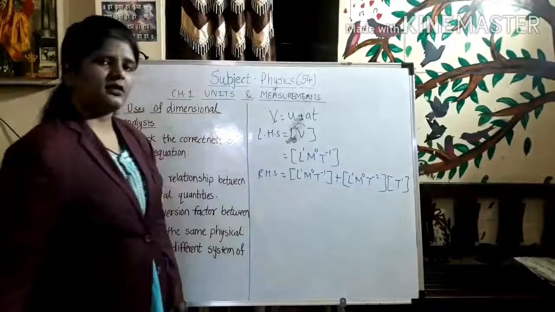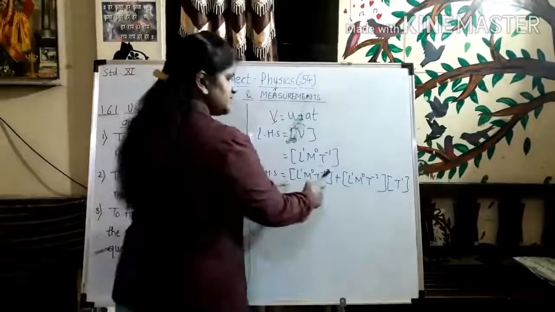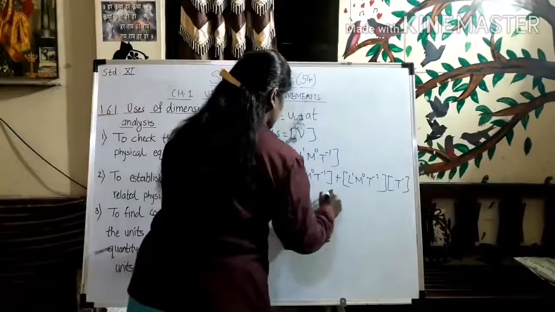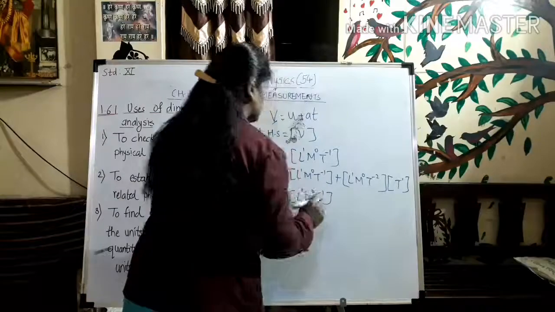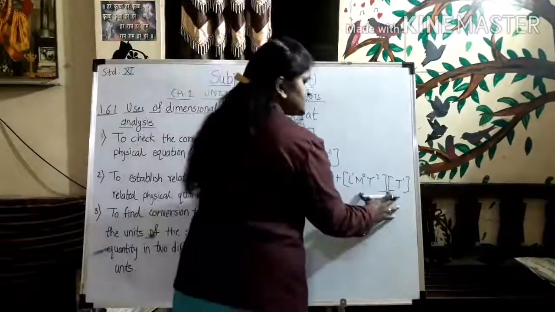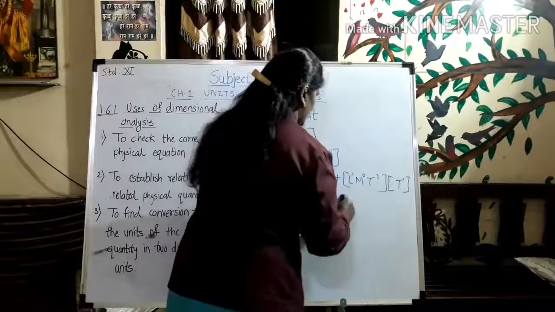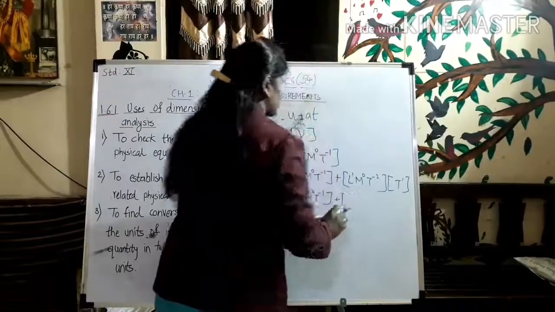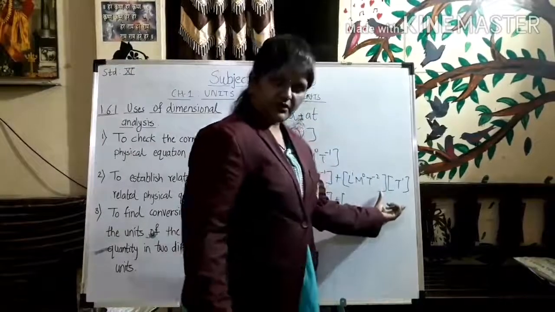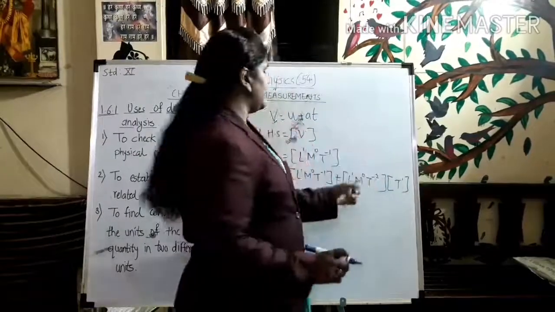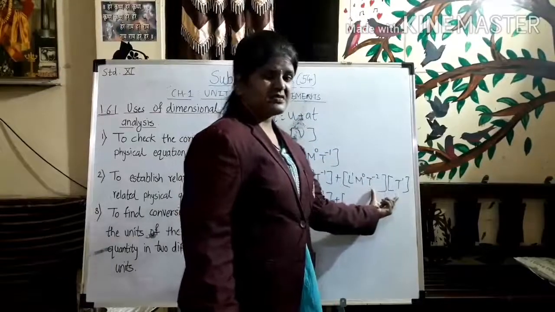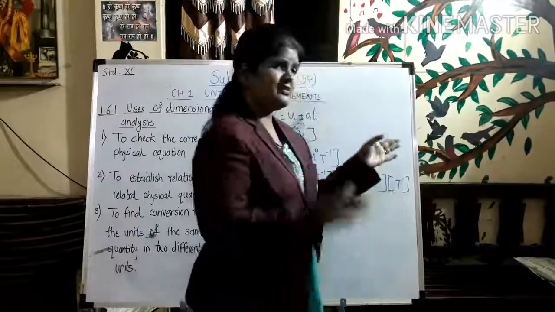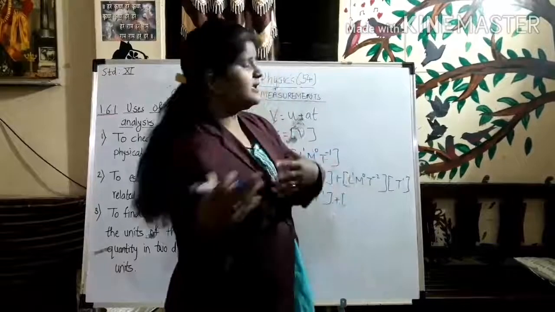Dimensions for T. I will write this bracket as it is, which is L1 M0 and T raised to minus 1 as it is, because there is a multiplication for the next term. So I will just multiply, as there is a multiplication of both the brackets, and as you can see, bases are same. Here I can write L0, M0 and T raised to 1.